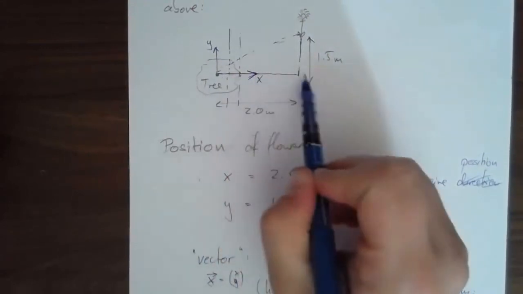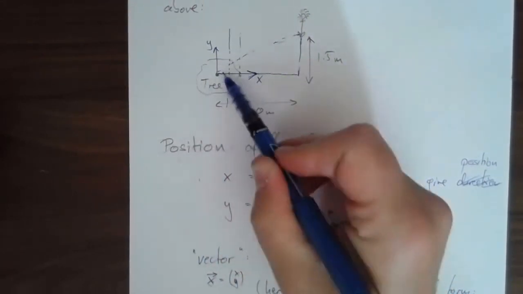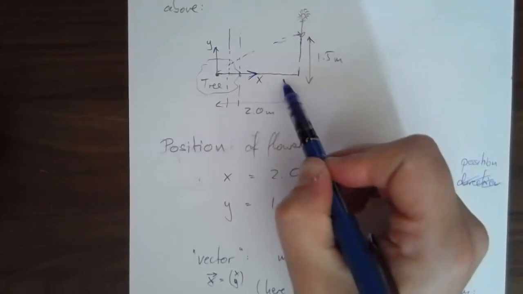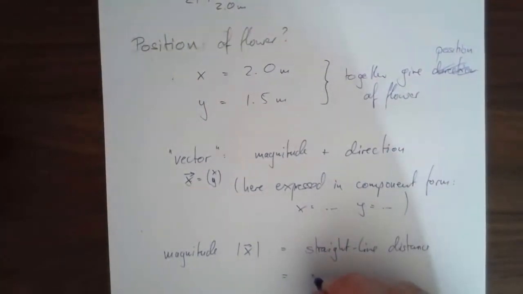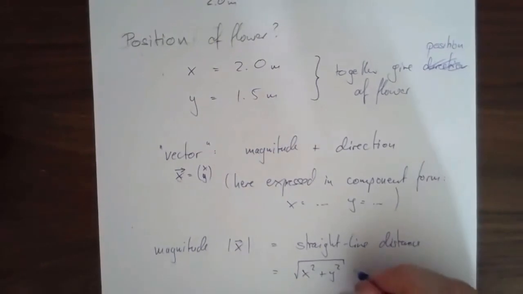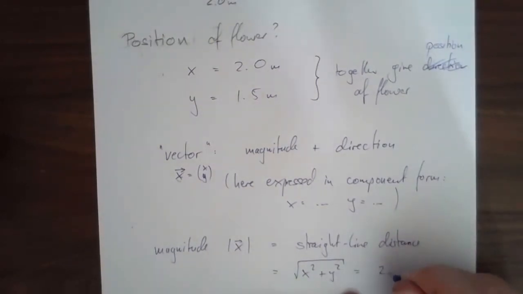So the length of this distance here is x squared plus y squared, take the square root. It should be 2 meters squared plus 1.5 squared.